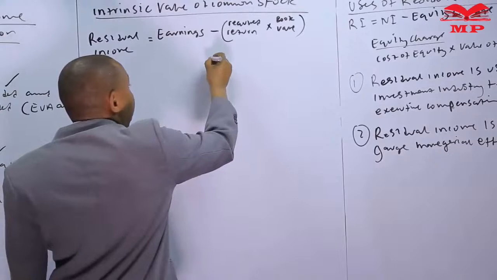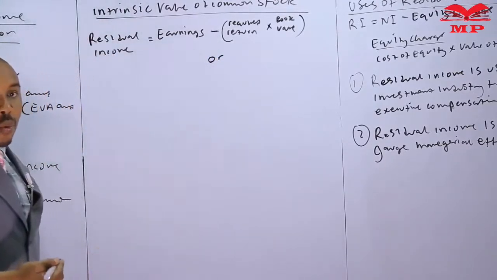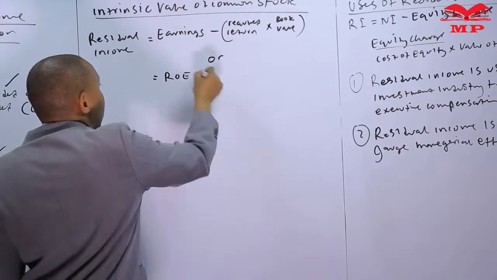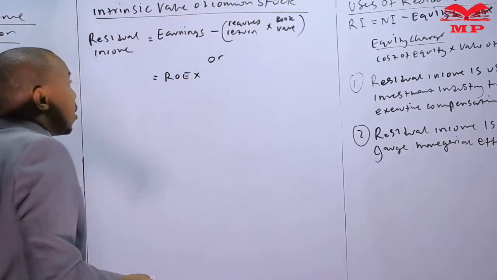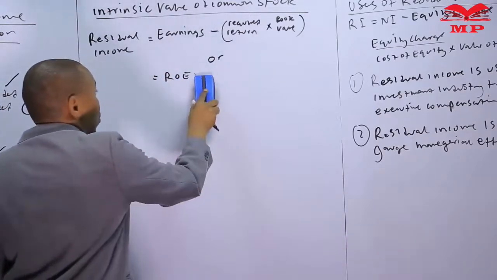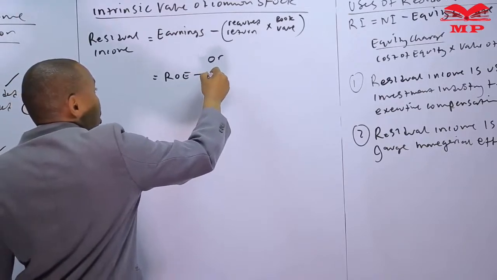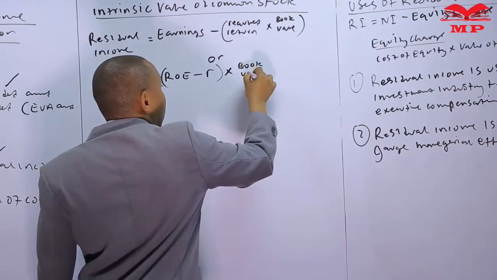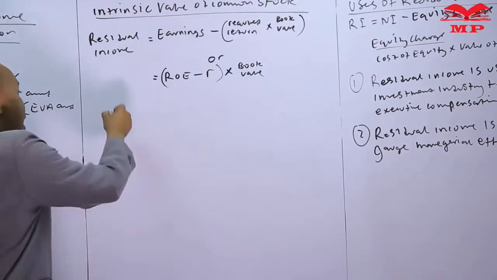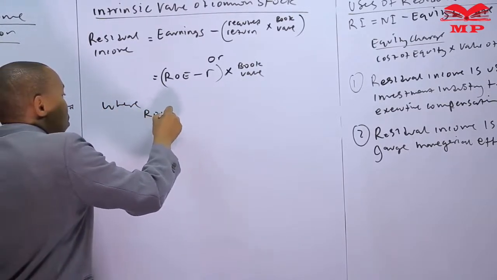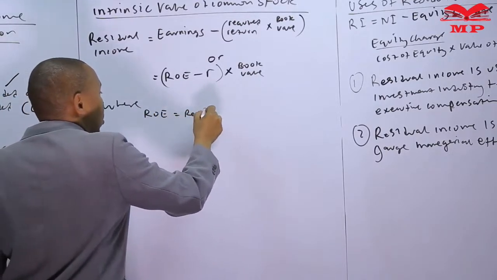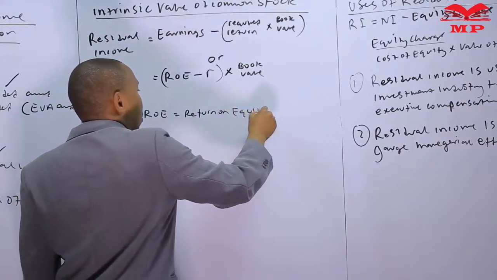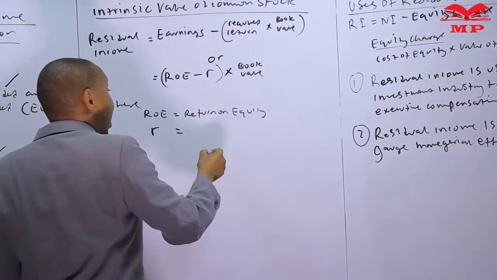As well, we can also get the residual income if we have the required return on equity by taking the ROE, less the required return, then multiplying by the book value, where ROE is return on equity and r is the required return.